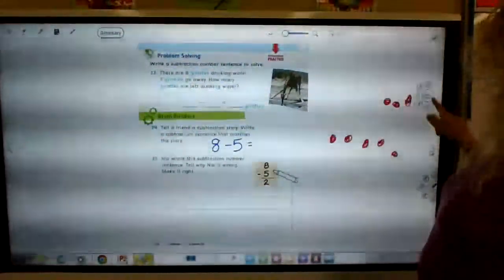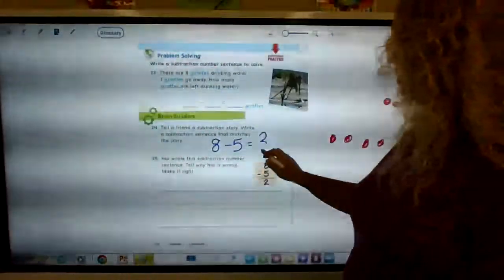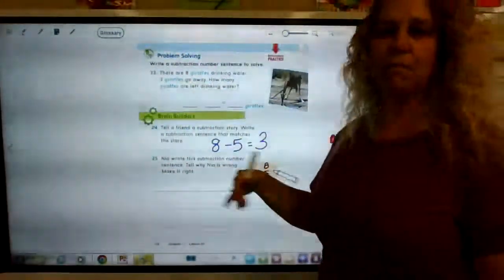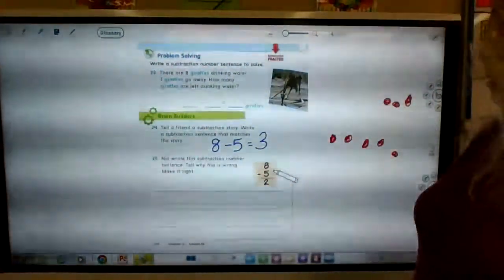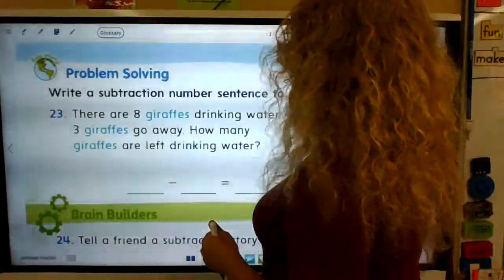Whoops. And I have 3 left. So equals 3. So I have a story. You don't see it on my paper, but I had a story, and this was my number sentence.